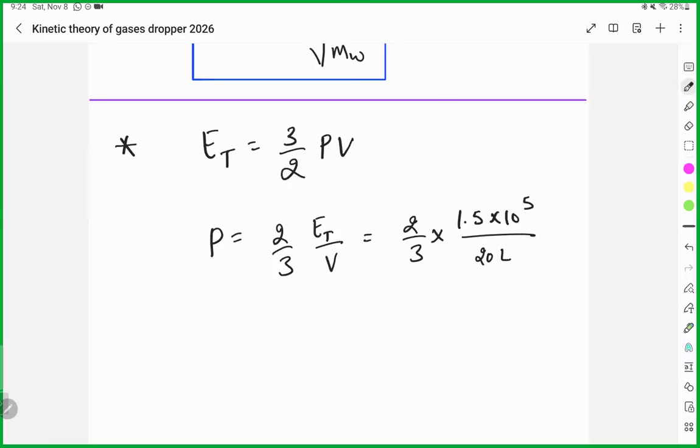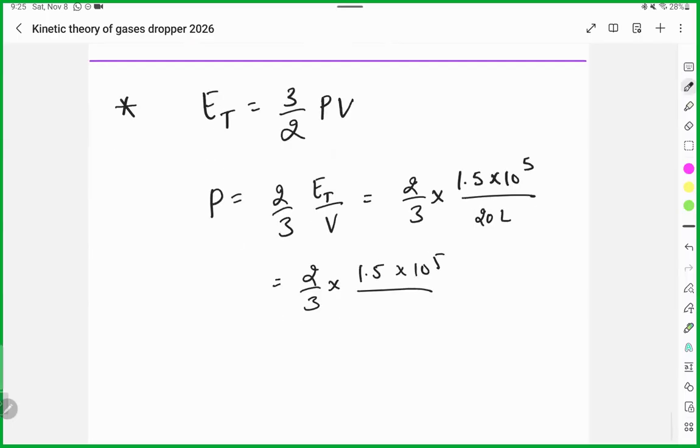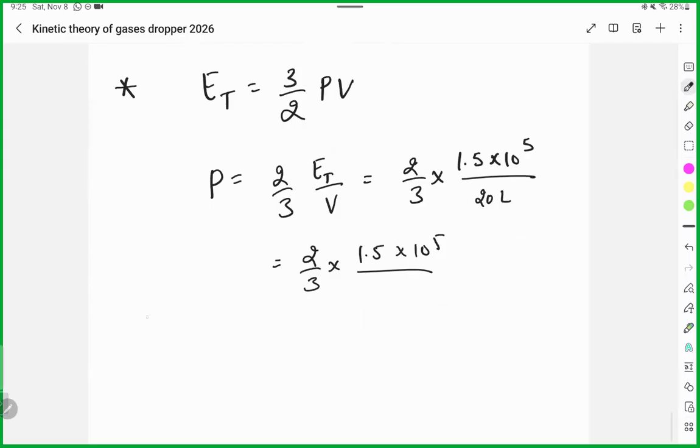So what will be the value, Sania? Sir, it will be 1 by 2 into 10 to the power minus 4. You will divide by 1000, right? 20 you will divide by 1000.